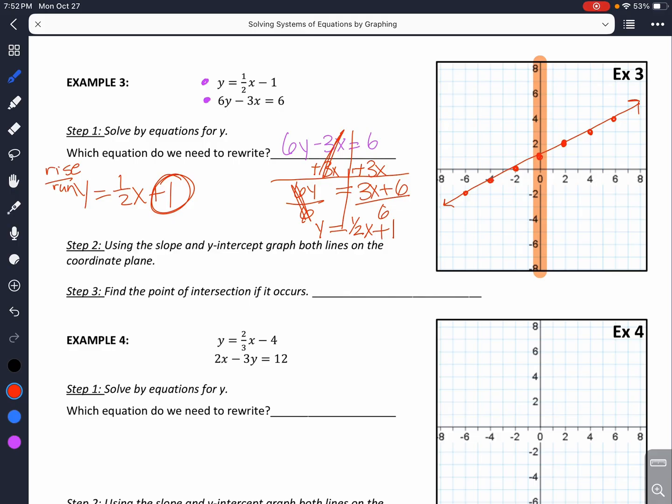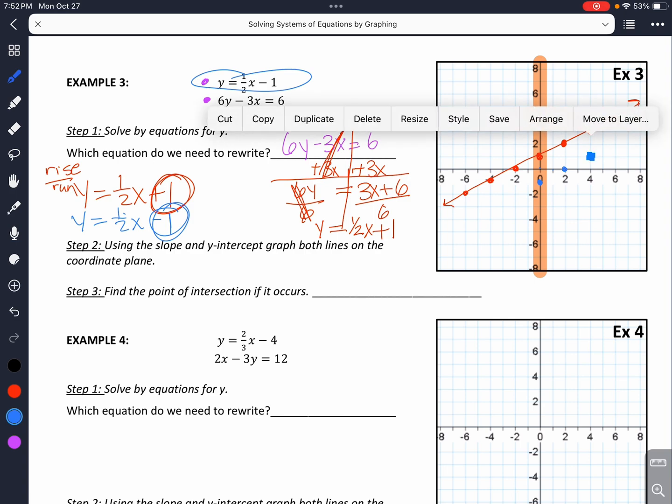And now we're looking at our second equation, which is y equals 1/2 x minus 1. So again, I'm going to look at my y-intercept, and I'm going to graph that point, which is about right here. And my slope, again, is 1/2. So I'm going to go up 1 over 2, up 1 over 2, and so on.